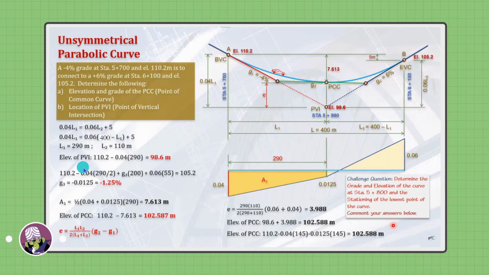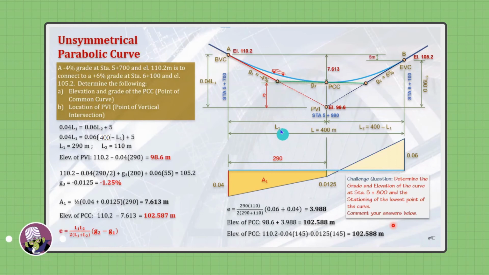Since we already got the location of the point of vertical intersection, next we need to get the grade of the PCC. We all know that the tangent line always meets halfway of the parabolic curve. So these two here are two different parabolic curves. It is understood that for L1, since they are both located in the middle, there is a line.